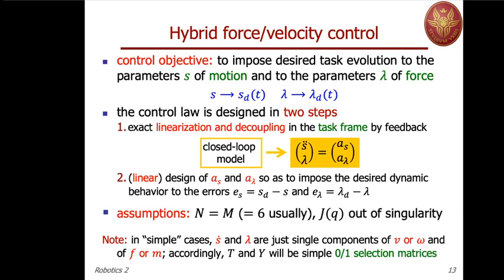You can use directly these components, and accordingly, the matrices T and Y will be what has been called in the original literature on these topics selection matrices. In fact, 0-1 selection matrices. They are columns taken from the identity 6x6 matrix, organized properly among those that describe feasible motion and those that describe admissible reaction forces.